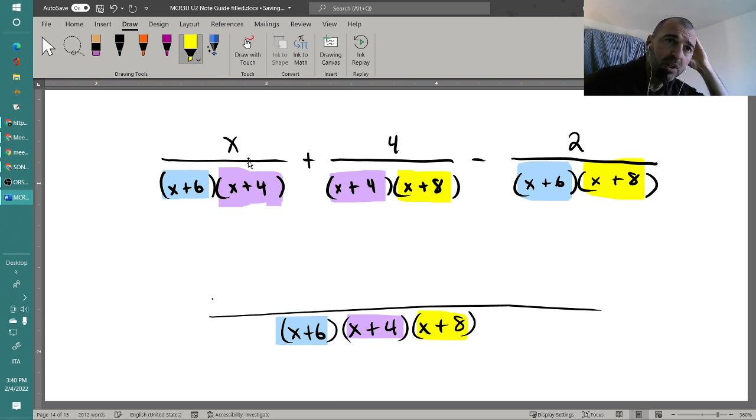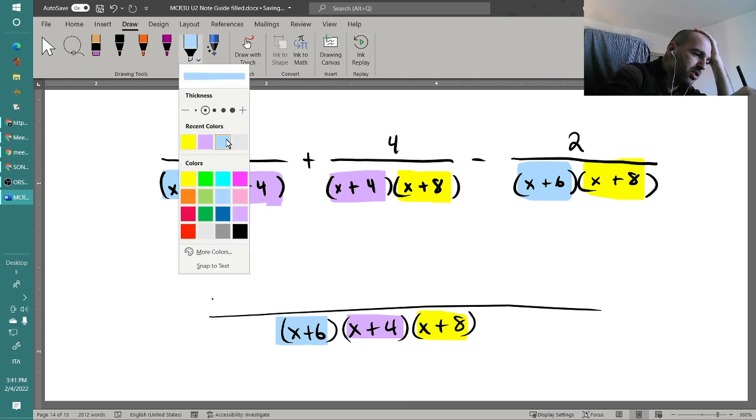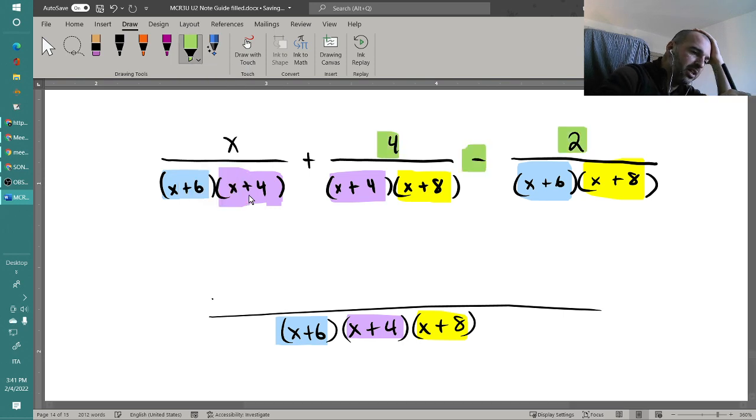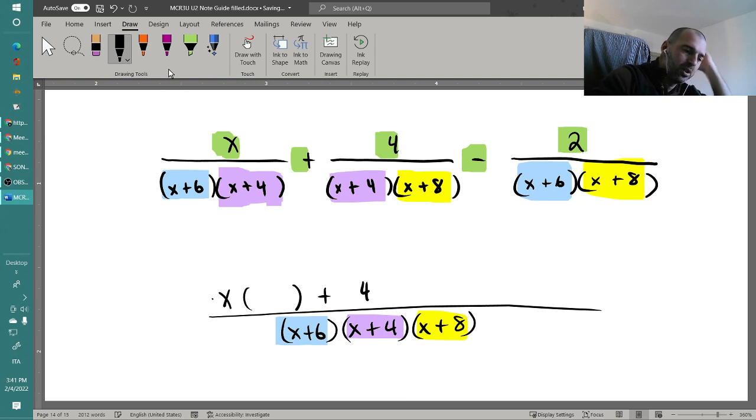Now, if you're remembering the couple of questions that I've done in the past, what I did at this point is I highlighted the numerator. Because then what that allowed me to do is write x, leave a space, plus 4, leave a space, minus 2, and leave a space.